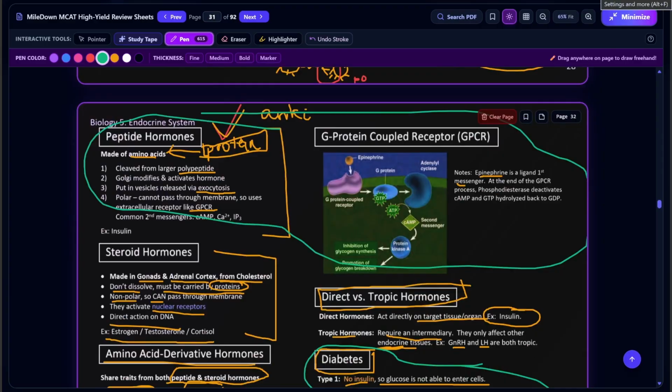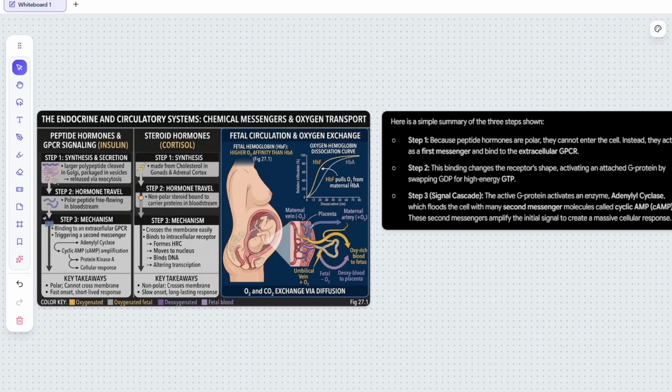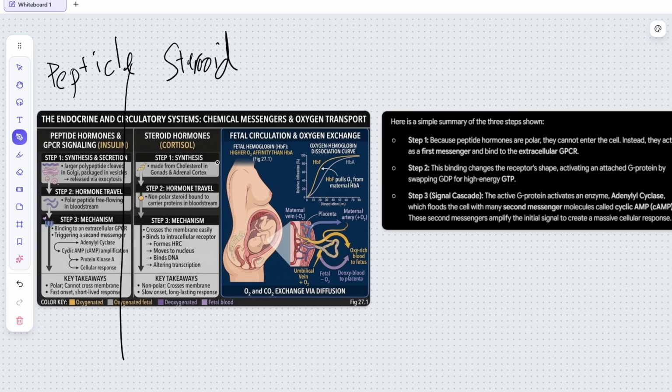Okay, so here are two pictures I want to show you guys. You have what we reviewed just earlier, peptide hormones versus steroid hormones, right? Your steroid hormones are made from cholesterol in gonads and adrenal cortex. We know the synthesis for peptides is that it's a polypeptide cleaved in the Golgi, packaged in vesicles, released via exocytosis.